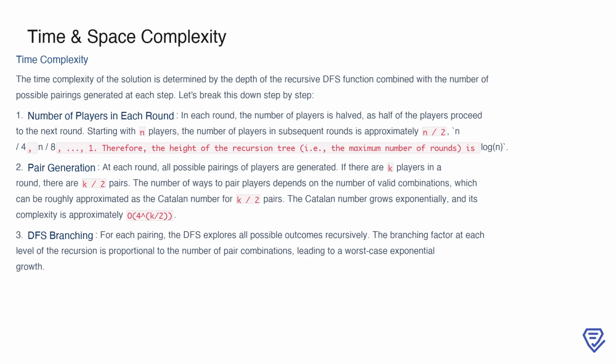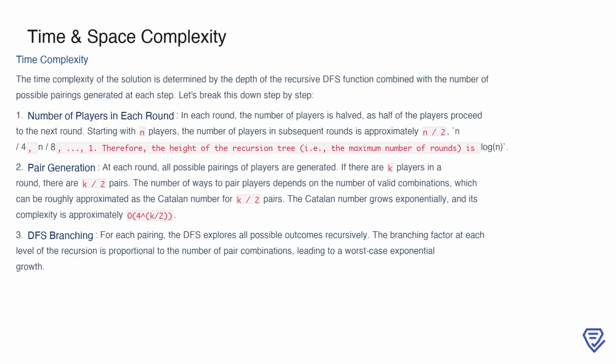Now, at every round, we generate all possible pairings of players. If there are k players in a round, there are k/2 pairs, and the number of ways to pair these players grows combinatorially. This growth can be approximated using the Catalan number for k/2 pairs, which grows exponentially with a complexity of about O(c^(k/2)).